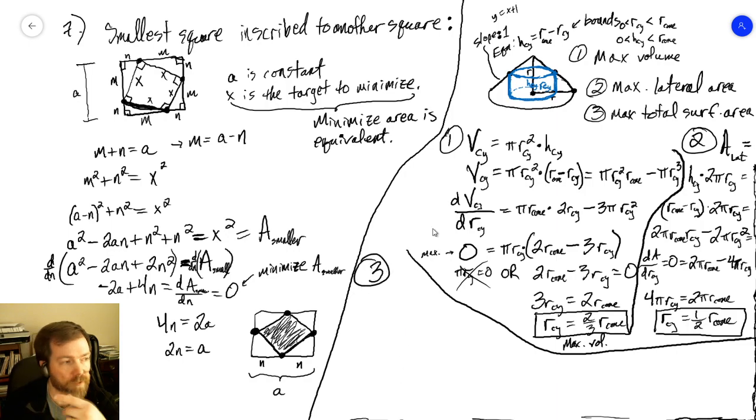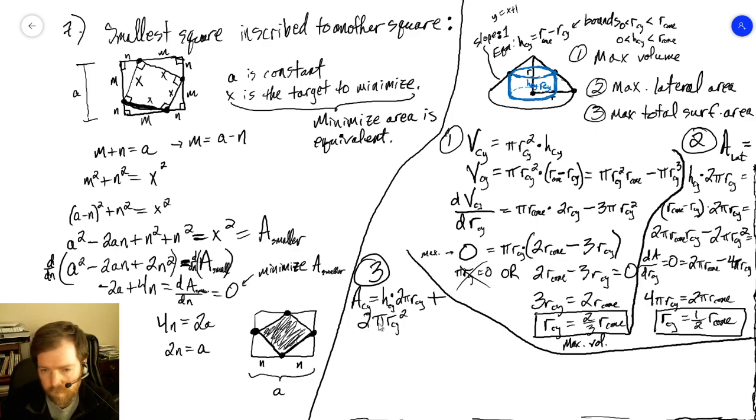Alright, so then 3, if we want to maximize the total surface area of the cylinder, again, that's the same thing. Area of the cylinder in total is going to be equal to the same lateral area, so height of the cylinder times 2 pi r cylinder, plus the 2 caps. So this is 2 pi r cylinder squared.